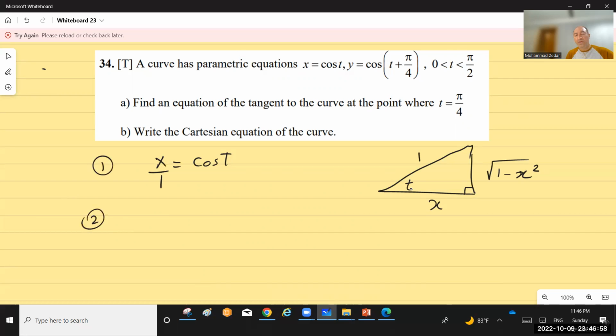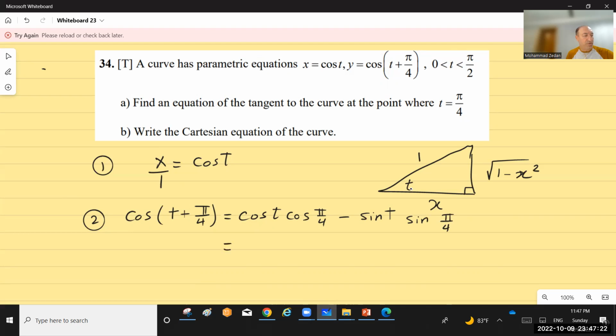Number 2, I have the cosine of a sum of two angles, cosine of (t plus pi over 4). By applying the formula, cosine (a plus b) is cosine a cosine b minus sine a sine b. So I have cosine t cosine pi over 4 minus sine t sine pi over 4.